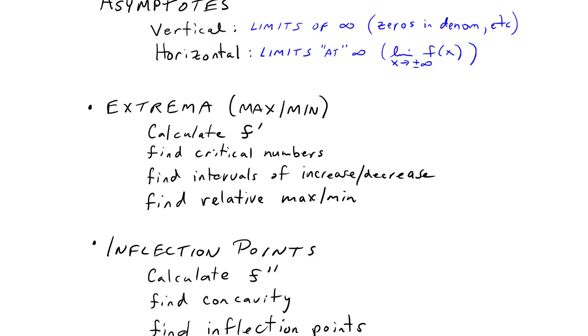So that would start with calculating the first derivative, finding critical numbers where the first derivative is 0 or undefined where the function is defined, and finding intervals of increase and decrease, putting that on a number line chart, and then determining relative max and mins. Okay, so that gives us some nice features of where the graph is topping out and bottoming out.